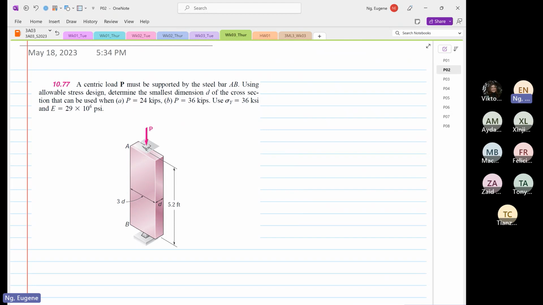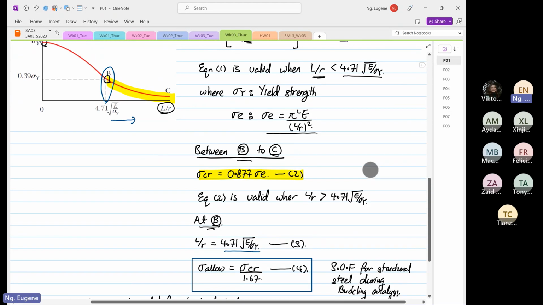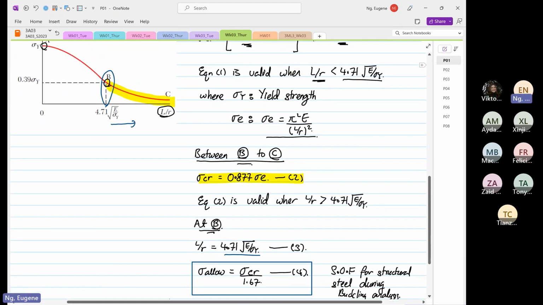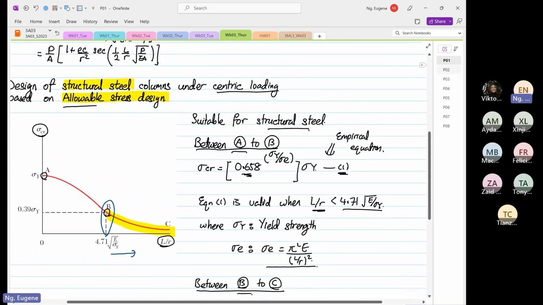This question asks us to use allowable stress design. What it means is we have to use equations 1, 2, 3, and 4. So that is what we mean by allowable stress design.